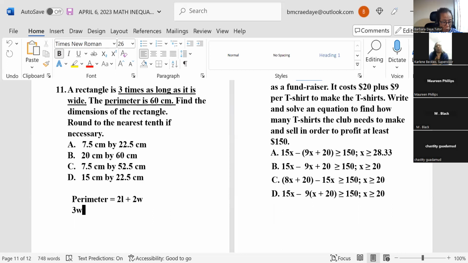So 3 widths is going to be equal to the length. The perimeter is 60. The length is 3 widths, right? Okay.